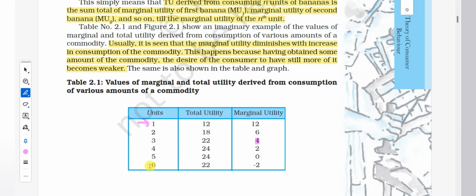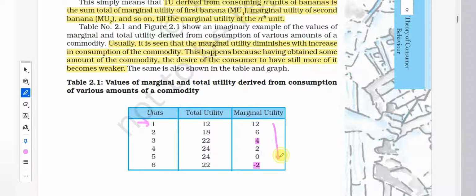And in the sixth unit, you are like, I don't want any more, because maybe my stomach is full. I just don't want to possess it because I'm feeling like puking. So this is the reason that there is a negative utility attached to it. Do you understand what I'm saying? So eventually, what you see is it's going down.